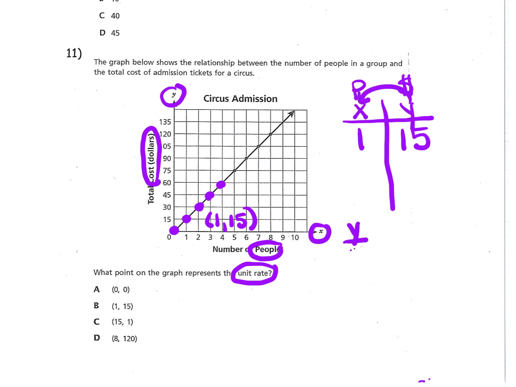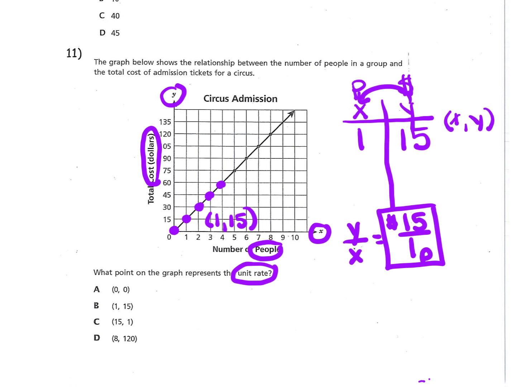If we put Y over X, or $15 over one person, we can see that this is the unit rate. As an ordered pair, it's X, Y. In this case, the X must be 1. Clearly it is. And the Y is 15.